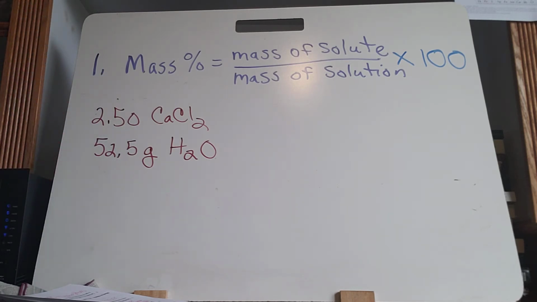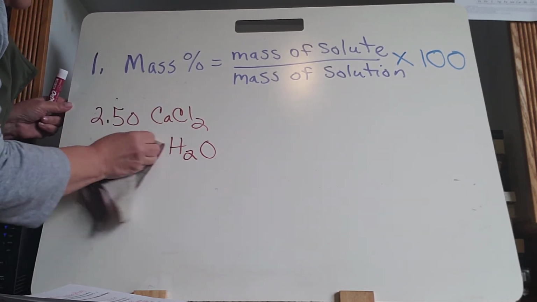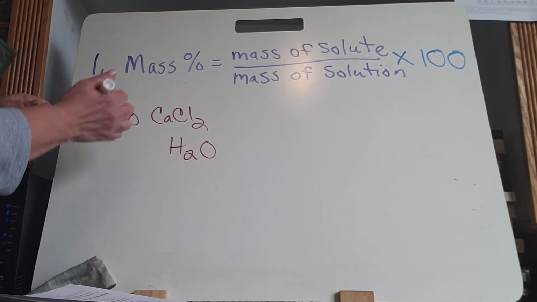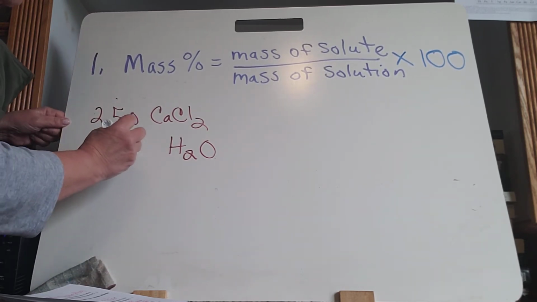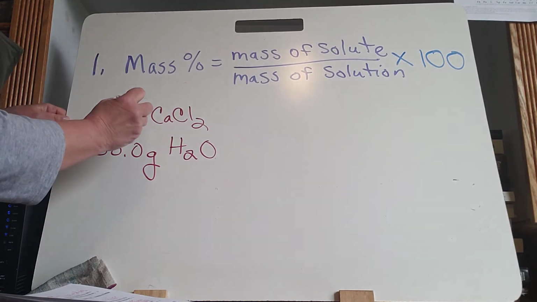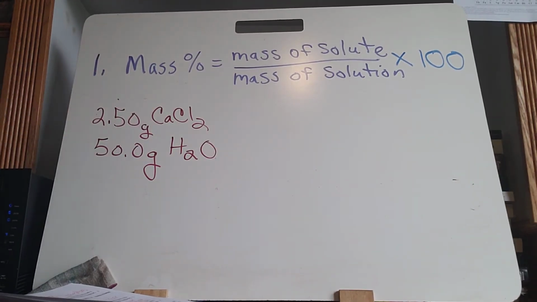I'm sorry, I messed that up. They gave us 50 grams of water. All right, so 2.50 grams of calcium chloride and 50.0 grams of water. So we're going to mix these two things together and we're going to have an aqueous solution.